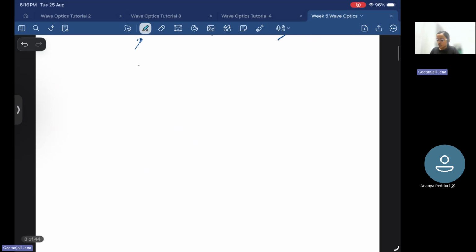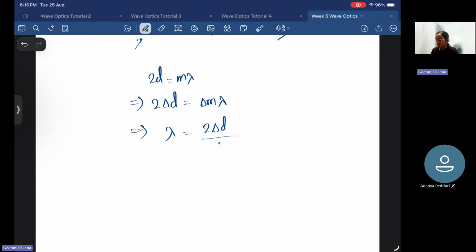To get the wavelength, we can use 2D equal to m lambda, and differentiate it, since lambda is constant. So the wavelength we can calculate is 2 delta D over delta M.